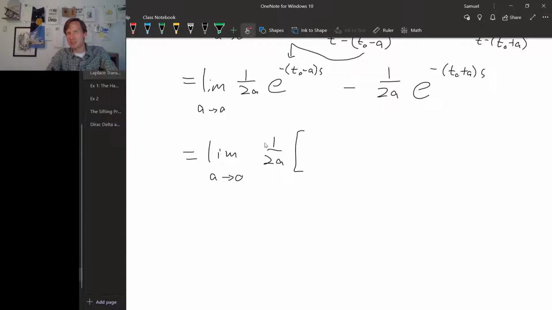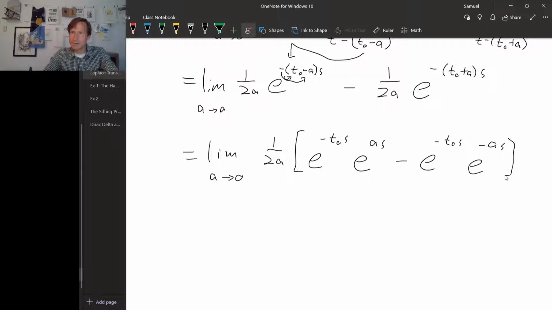Also, I'm going to factor out this 2a, so I only have to write it once. So we're going to get e to the minus t naught s times e to the as. Right, when we distribute this minus sign here, it turns into a plus on this one, minus e to the minus t naught s times e to the minus as.